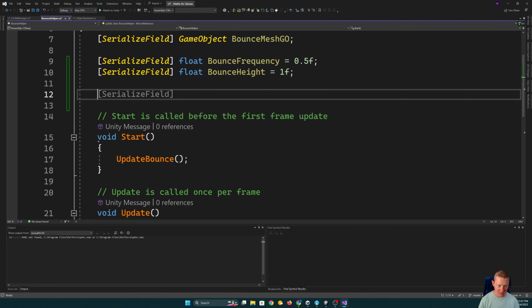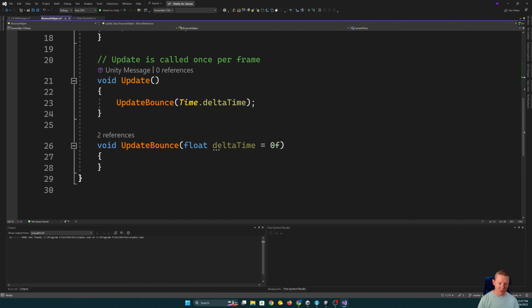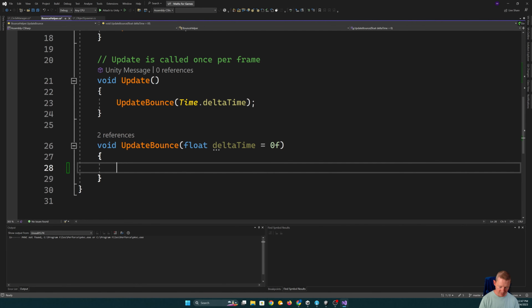And I also need to keep track of the current time. So what I will do here, first thing, is take the current time, and we add delta time to it.